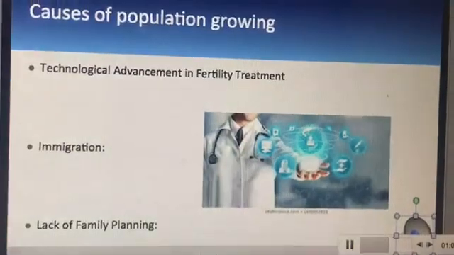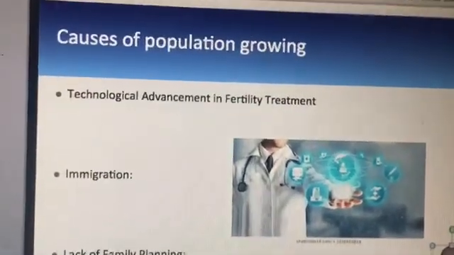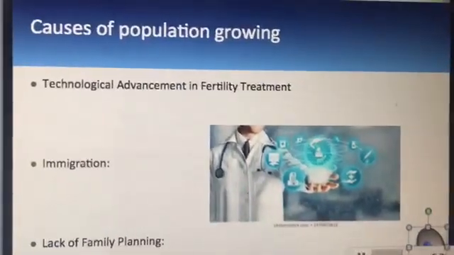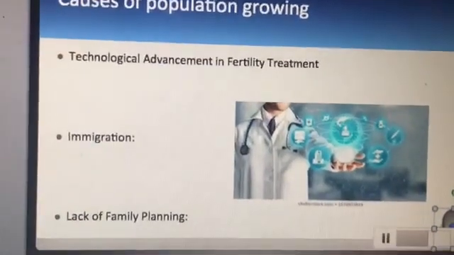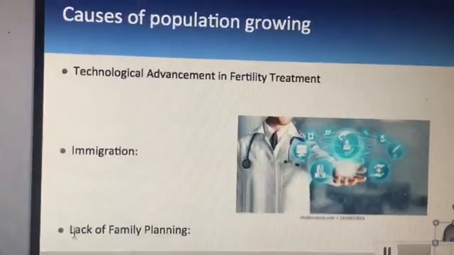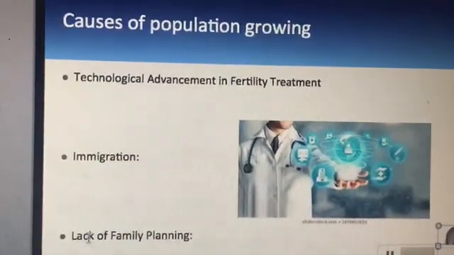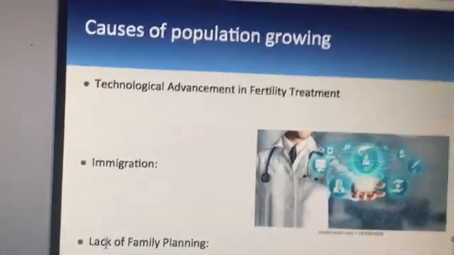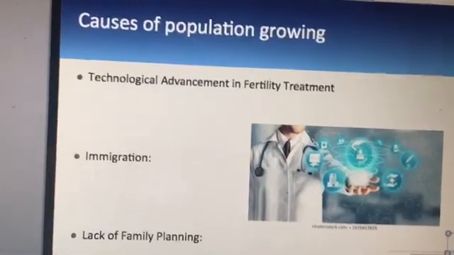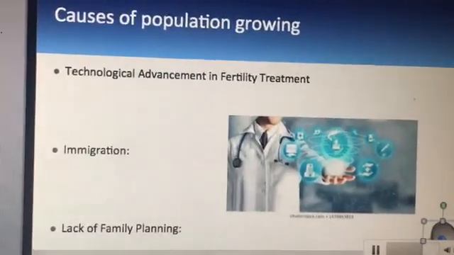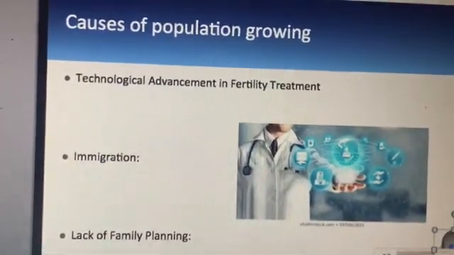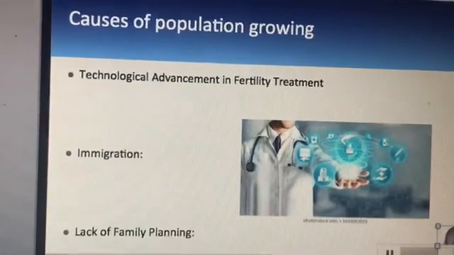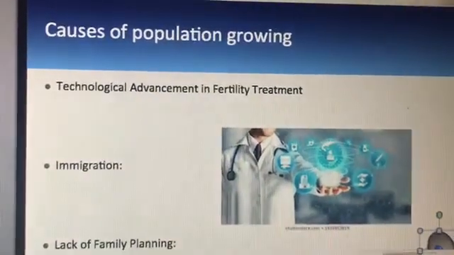In countries of the third world, we can find more lack of family planning. They do not plan how many children they want to have. And this is because of many reasons. Maybe they don't know, they don't have education, they are afraid of it, or sometimes it is very expensive.